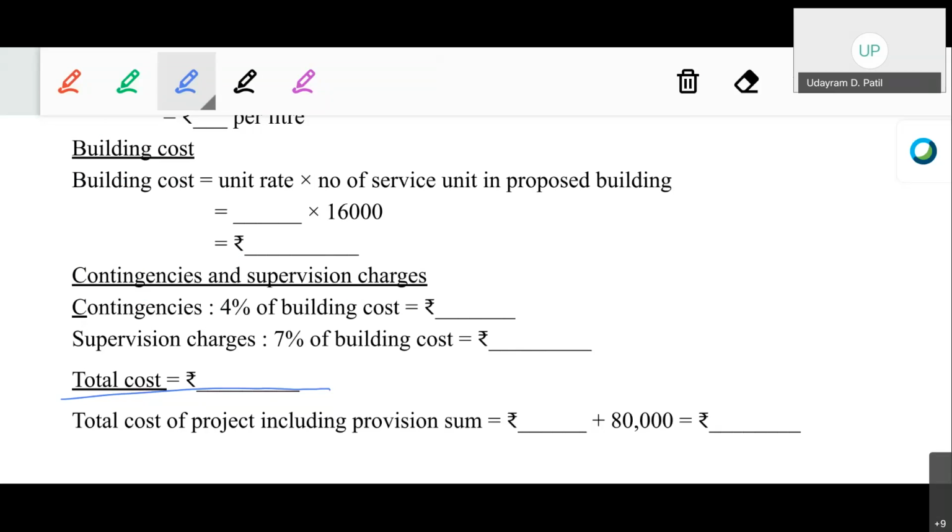So directly the total cost is 9,80,000 and 63.2 rupees.